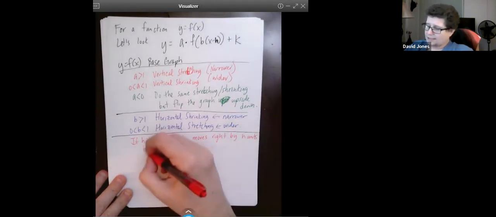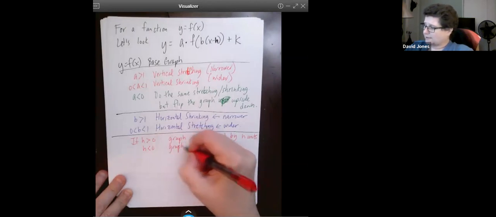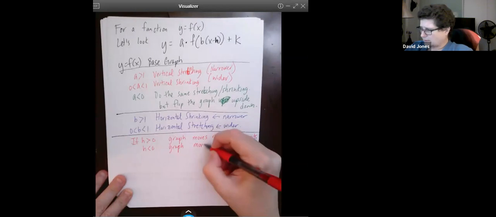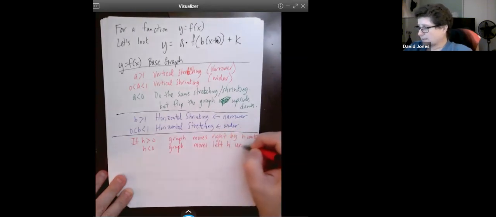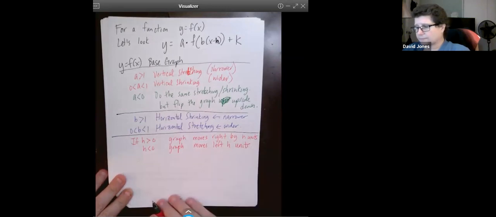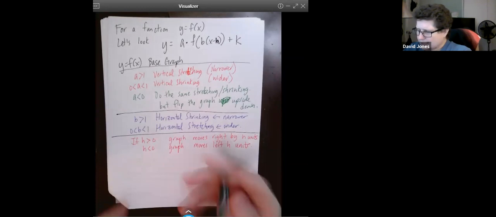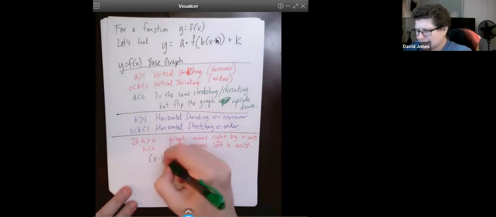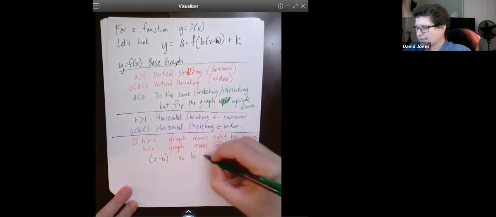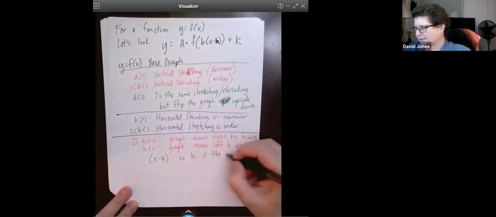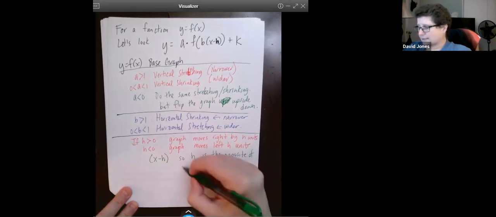And if h is less than 0, the graph moves left h units. And notice up there, it's x minus h. So h is the opposite sign of what's in parentheses.